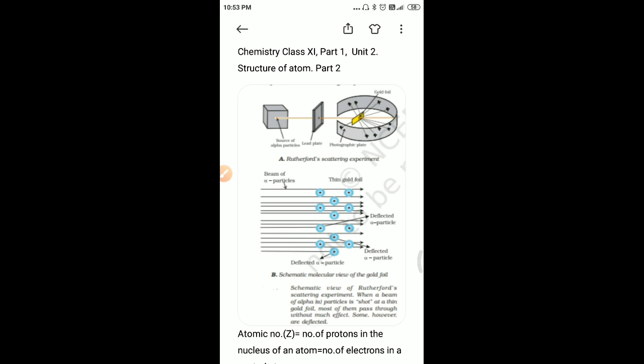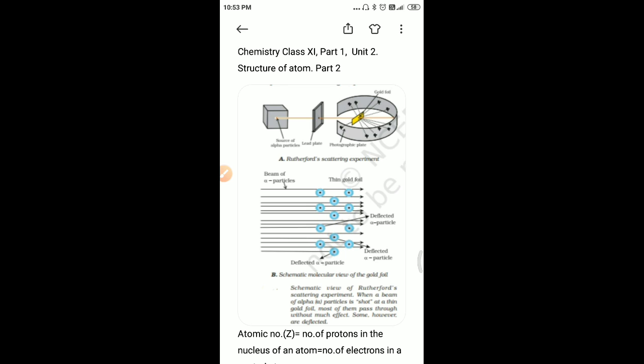Third, to explain the formation of different kinds of molecules by the combination of different atoms. And lastly, to understand the origin and nature of the characteristics of the electromagnetic radiation absorbed or emitted by atoms. So different atomic models were proposed to explain the distribution of these charged particles in an atom.